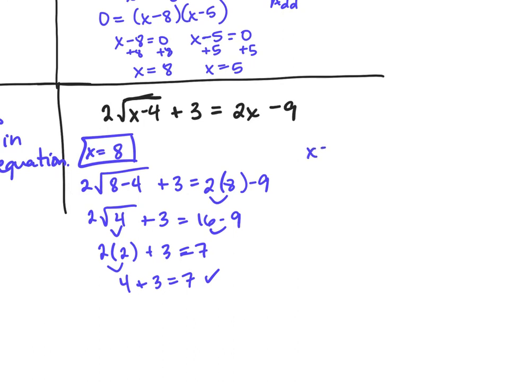So checking x equals 5, we do the same thing. 2 times the square root of 5 minus 4 plus 3 equals 2 times 5 minus 9.